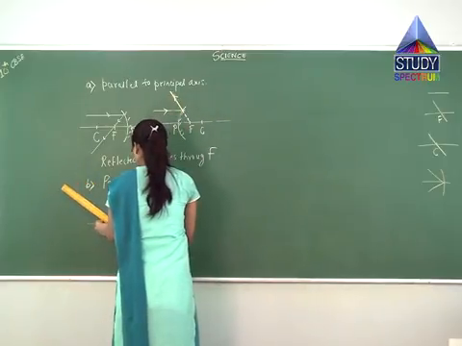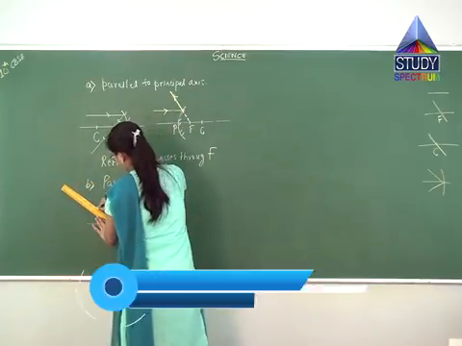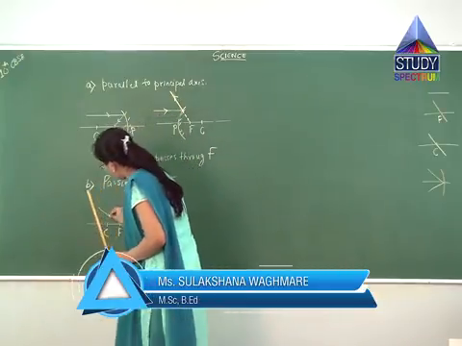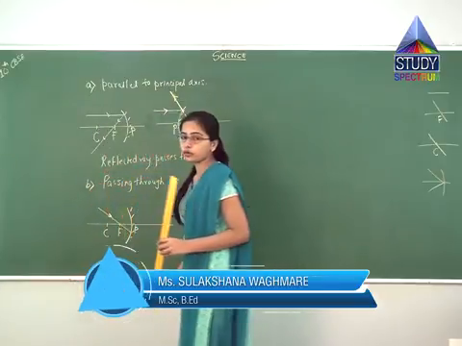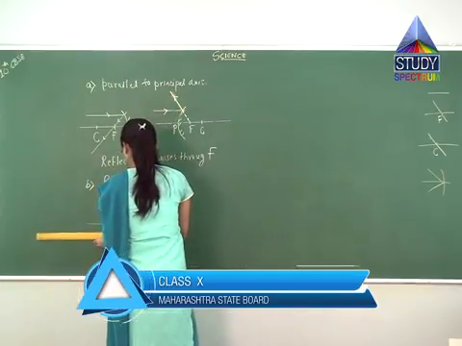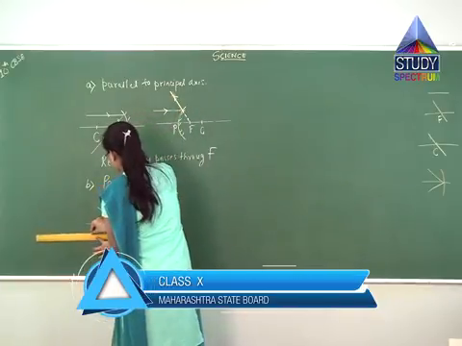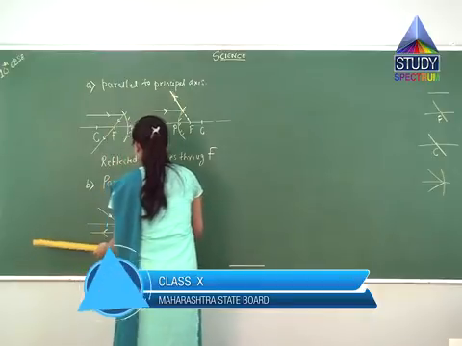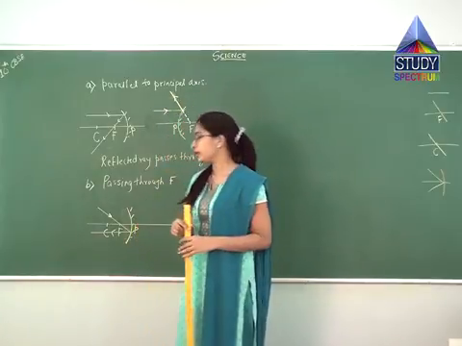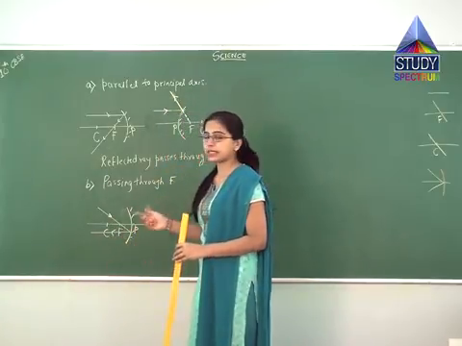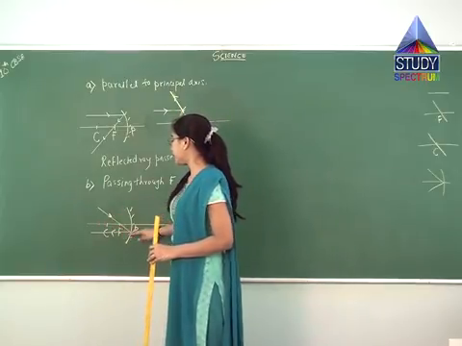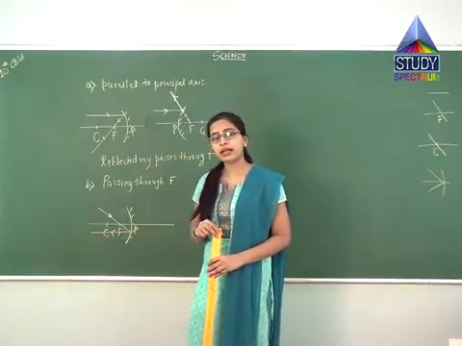Like this you can see, this is my incident ray which is passing through the principal focus. Now you will observe that it will get reflected like this. It will get reflected on the same side, in the same medium, but the reflected ray will be parallel to the principal axis.